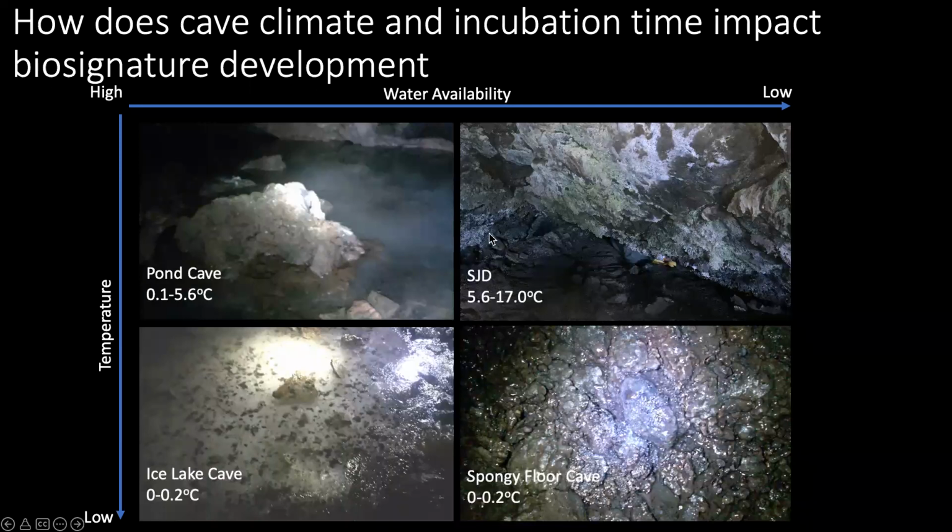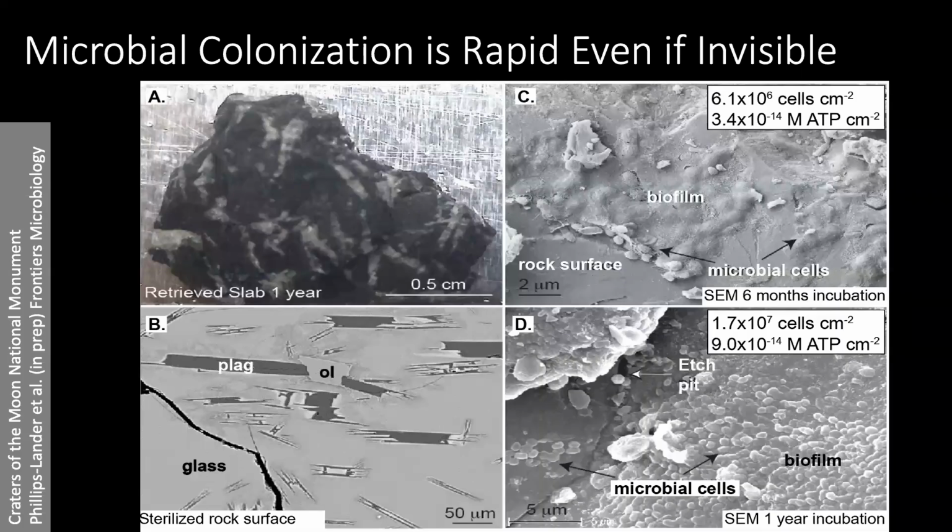And the temperature range here goes from like 17 degrees C to 0 degrees C, or even -1 with the updated data. So we incubated these sterilized basalt chips that are primarily glass with those plagioclase and olivine. And so you can see a scanning electron microscope image of what that looks like on the bottom here.